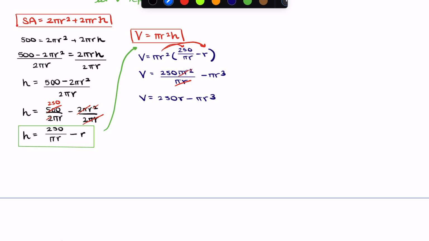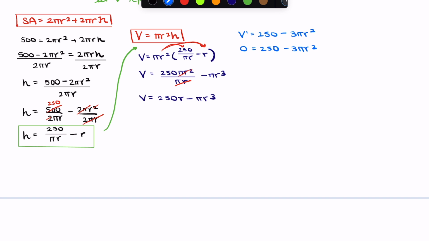Now the next step is that we're going to differentiate V is equal to 250 r minus pi r cubed. So here V prime is equal to 250 minus 3 pi r squared, and now we're going to make it equal to 0. So 0 is equal to 250 minus 3 pi r squared.